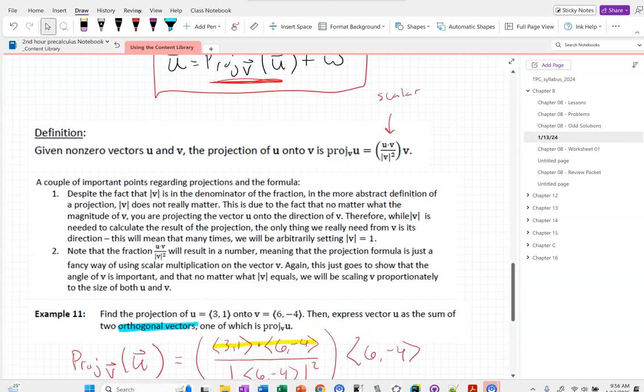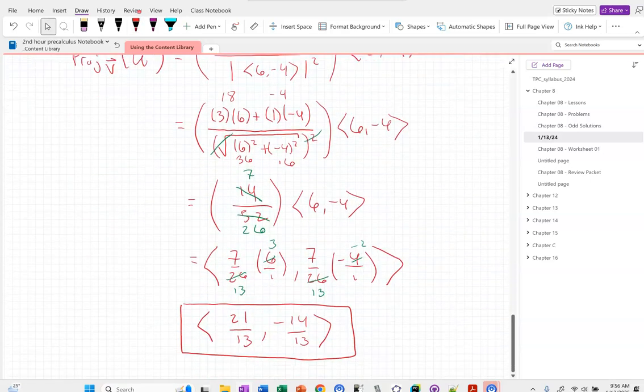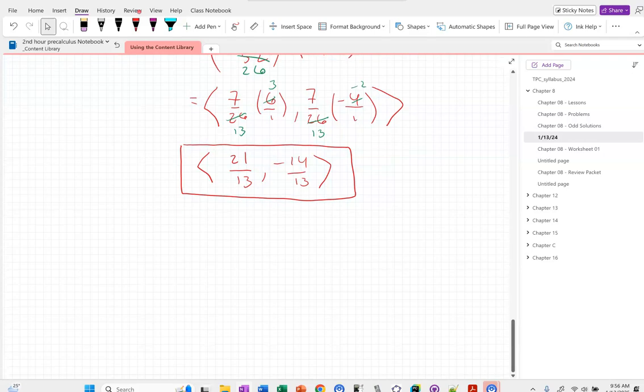So if we go back and look at what we're looking for, we just need to figure out what this W is, right? Everybody's okay there? So I can say u equals the projection of u onto v plus W. We know u, that was (3, 1).